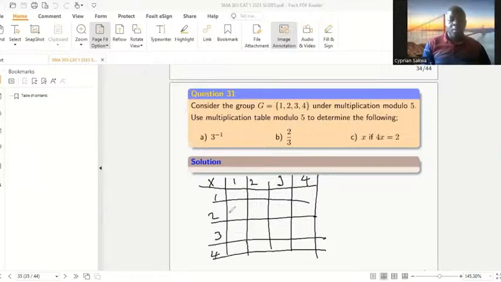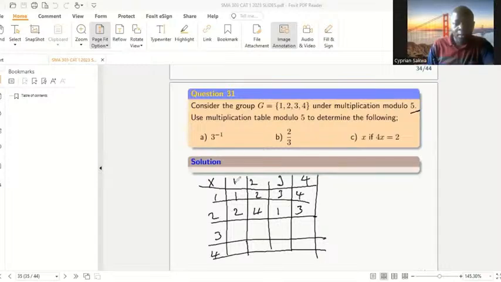Let's just multiply. 1 times each of these will be 1, 2, 3, 4. And 2 times each: 2 times 1 is 2, 2 times 2 is 4, 2 times 3 will be 1, and 2 times 4 will be 3. Remember, we are doing multiplication modulo 5.